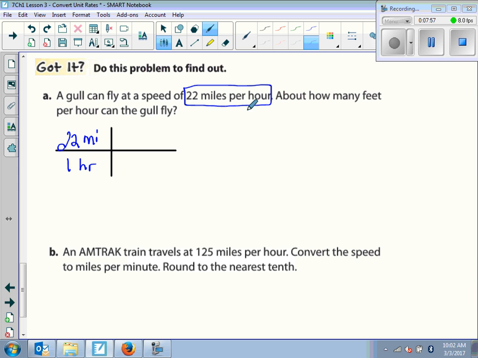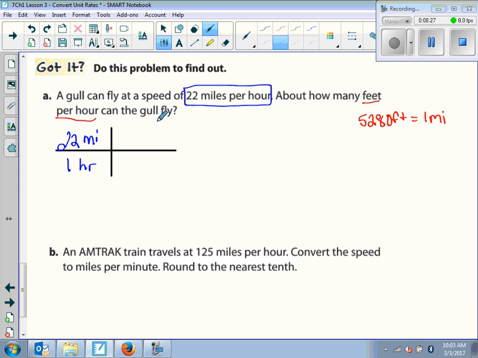Now, we want to convert to feet per hour. So what do I want to change, the miles or the hours? The miles, right? And we want to change miles to feet. So how many feet are in a mile? 5,280. All right, so 5,280 feet is equal to 1 mile, okay?